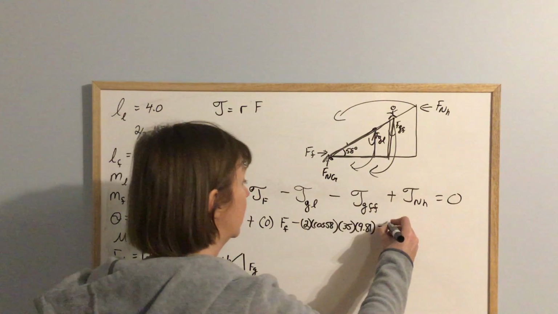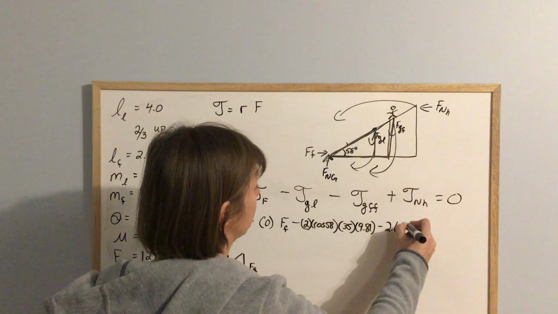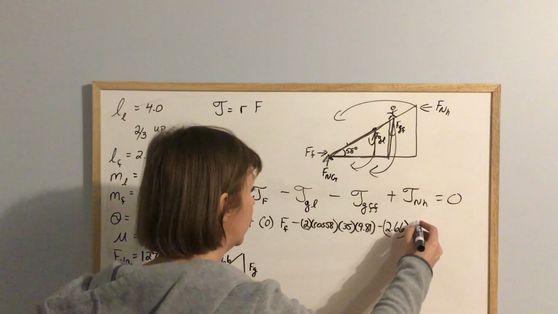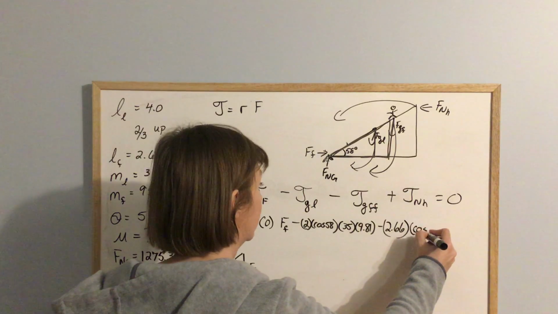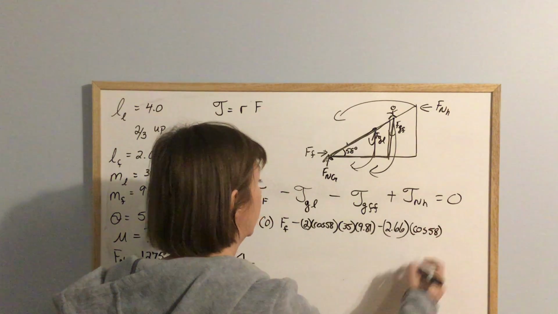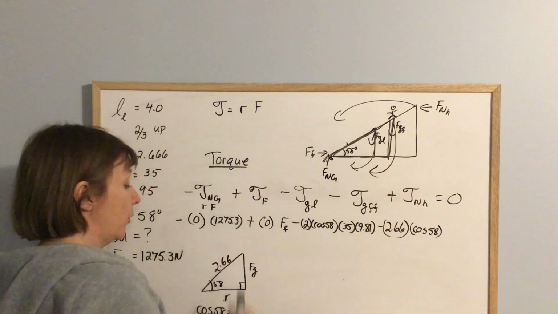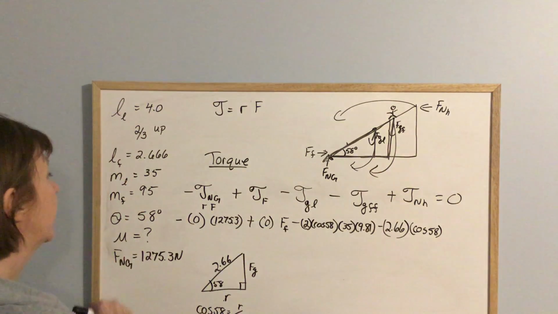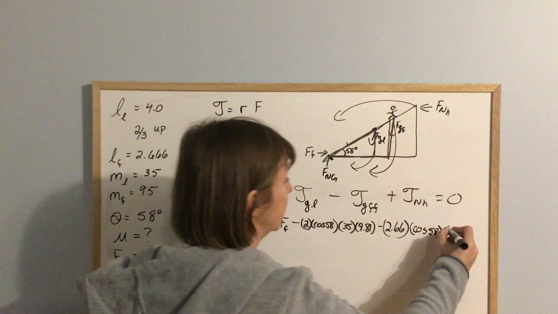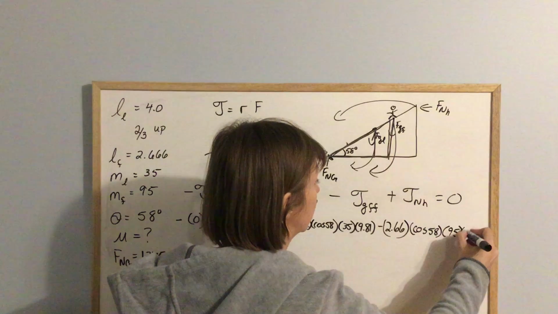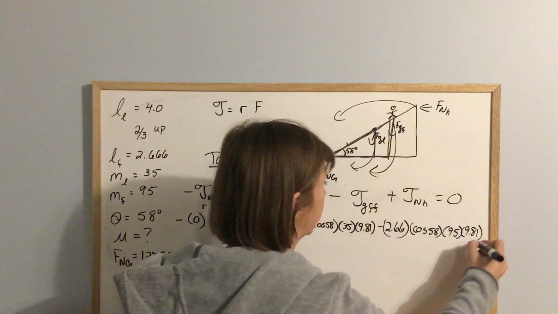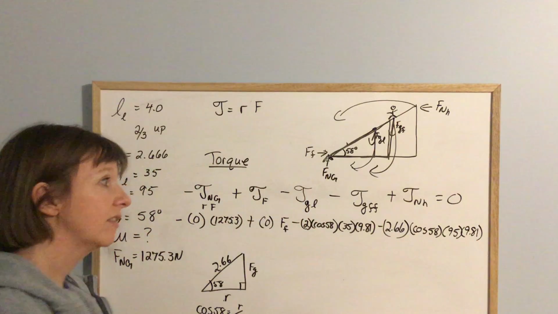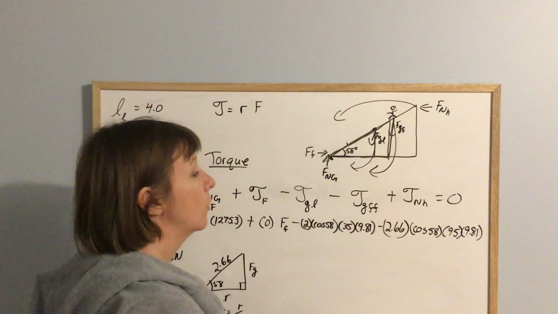So my R, 2.666, you could keep going, times cos of 58 times my force. Now my force is the force of gravity on the firefighter. So the firefighter is 95 kilograms times 9.81.